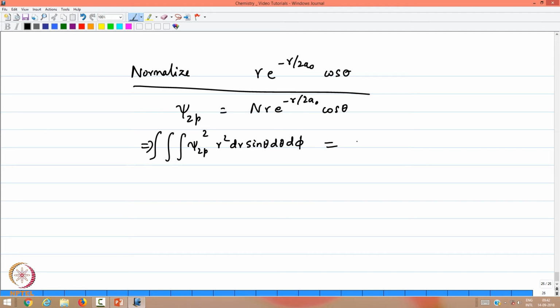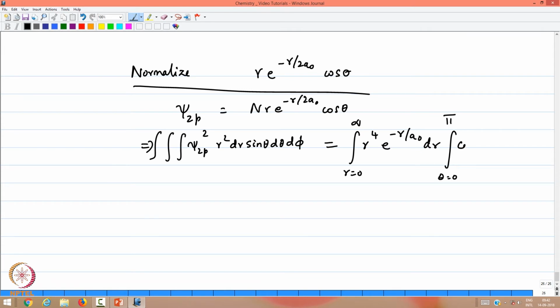If you do that, it is r equal to 0 to infinity r square, and there is also an r square here. Therefore, this will be r raised to the 4 power e raised to minus r by a naught, the square of this function dr, that is the radial integral, and the corresponding angular integral is theta equal to 0 to pi.